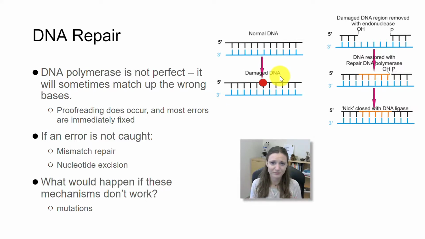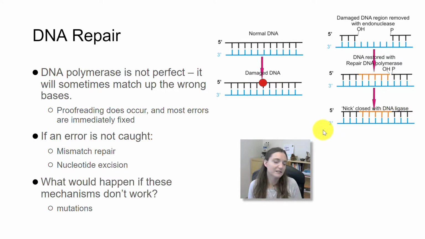It's an enzyme called an endonuclease. Basically, nucleases are enzymes that can act like scissors to cut open the DNA. A different type of DNA polymerase comes in, fixes that sequence that was cut out, and then ligase comes in and seals it all up.